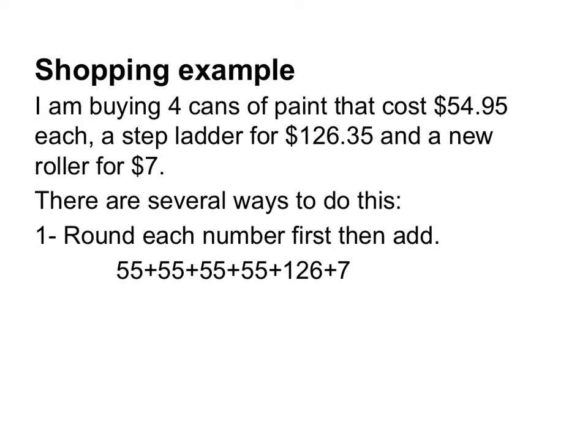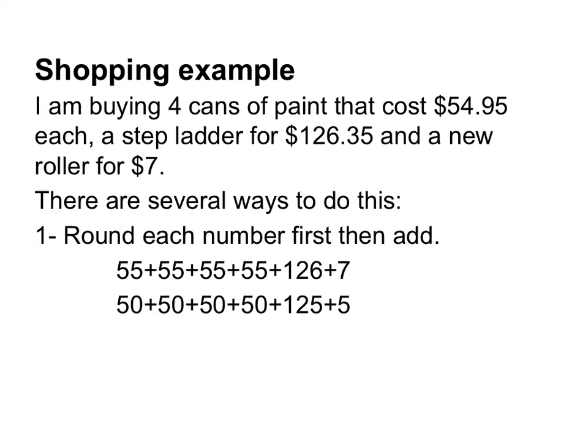The step ladder is $126.35, so let's say that's $126, and the roller is $7. Okay, now, we made those numbers a little easier, but they're still kind of bulky if we're going to just try to do this in our head quickly or do this with very little writing.